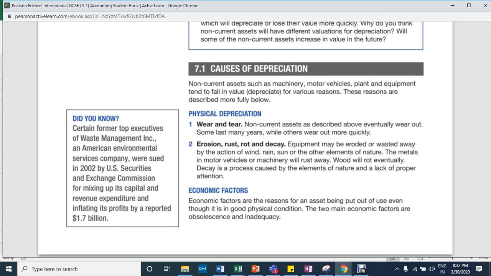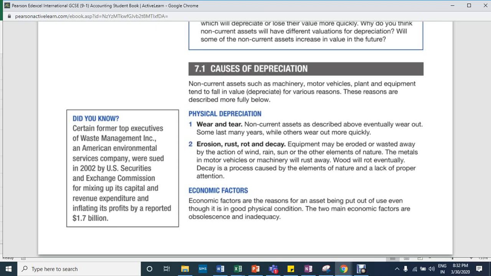Equipment may be eroded or wasted away by the action of wind, rain, sun, or the other elements of nature. The metals in motor vehicle or machinery will rust away, wood will rot eventually, decay is a process caused by the elements of nature and a lack of proper attention.